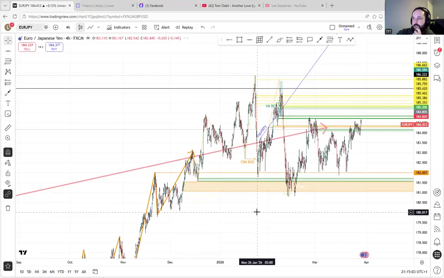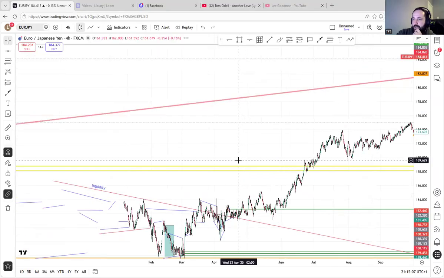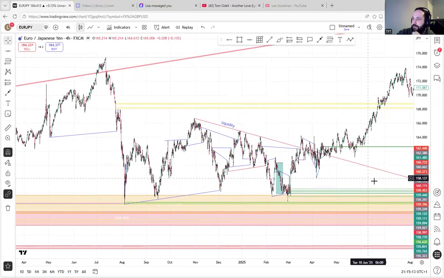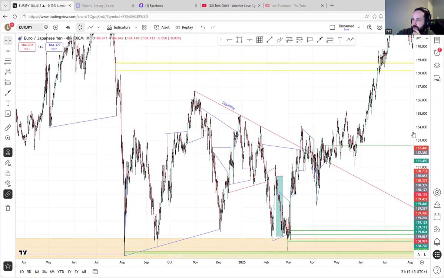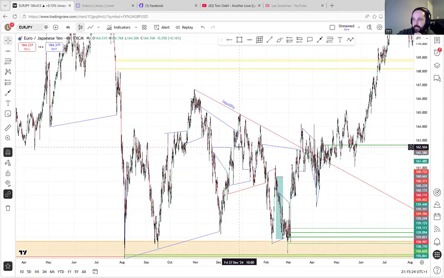So some back here. As you'll see on my charts, I'm keen on trend lines. I don't really see that many actual equal highs and lows. They do happen, but I don't think they're as common as people will make out.